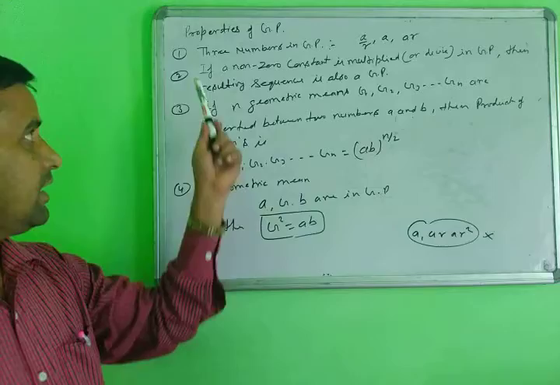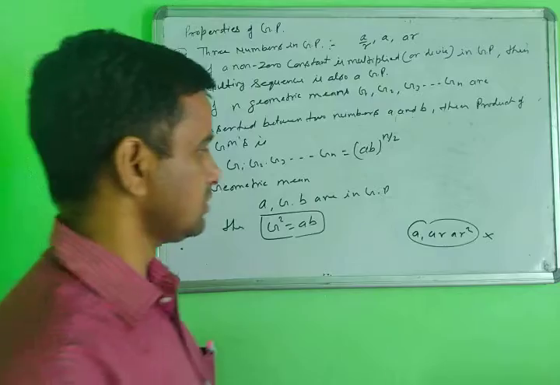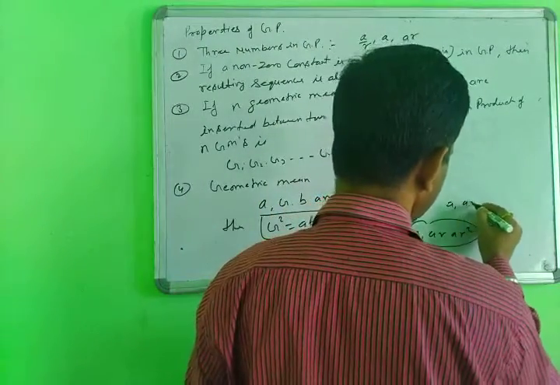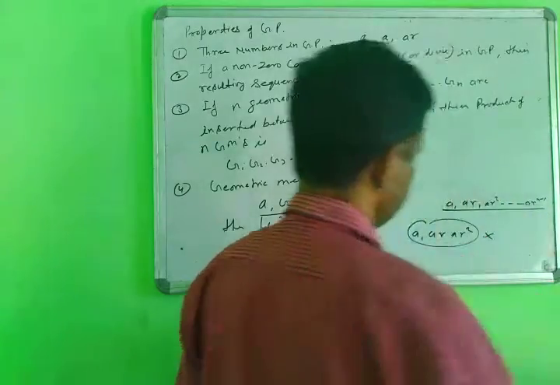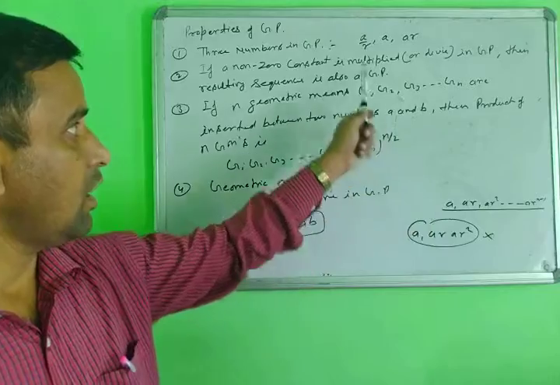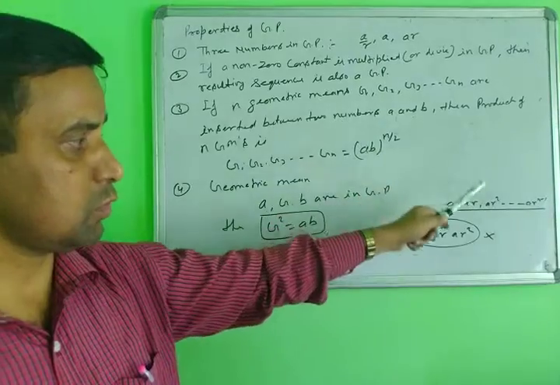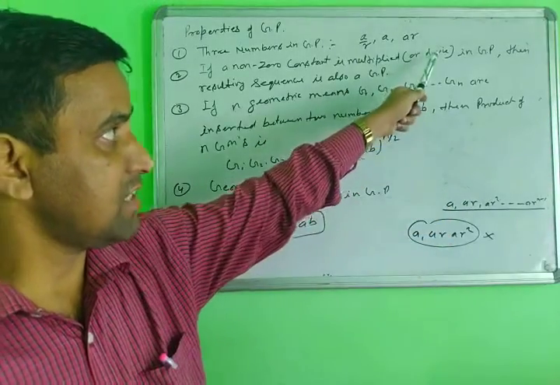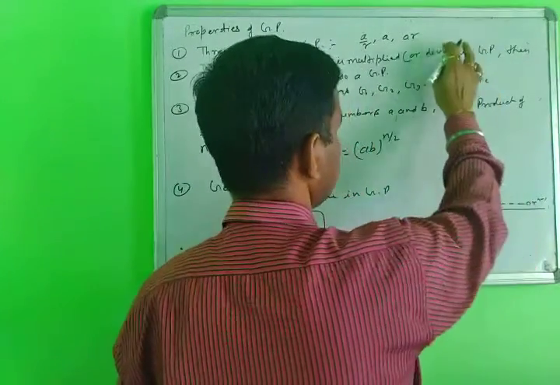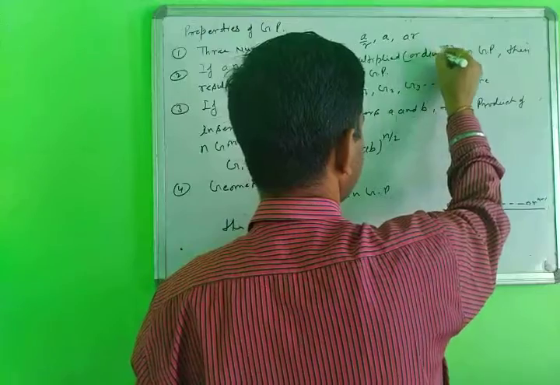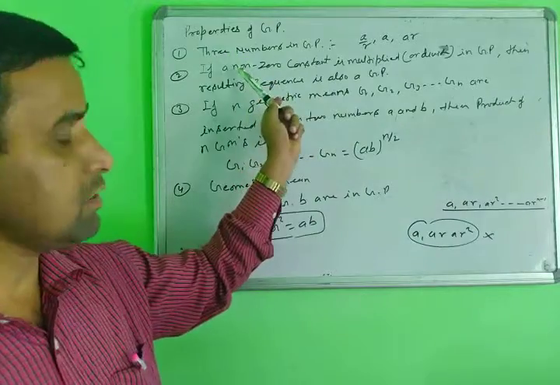Second property: a non-zero constant is multiplied. Suppose you have any GP, a, aR, aR squared, up to aR^(n minus 1). You multiply this GP by any non-zero constant, or otherwise divide this GP by any non-zero constant.